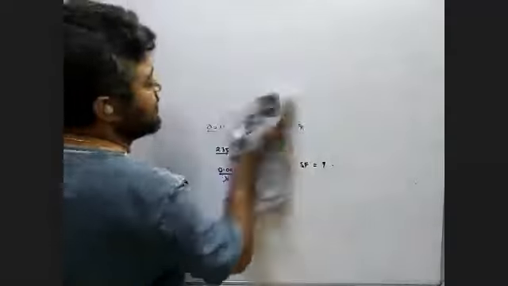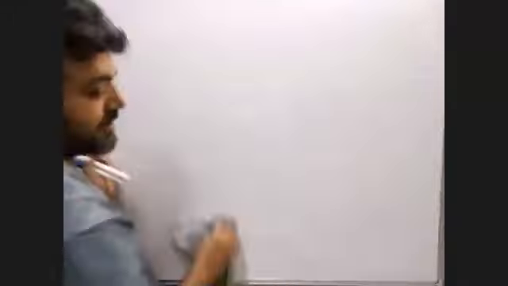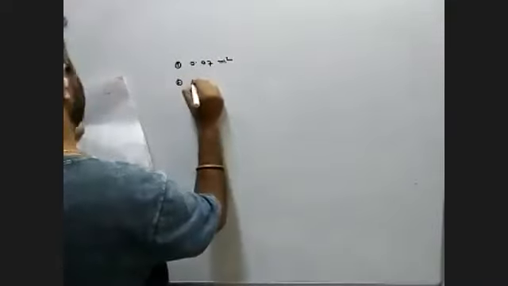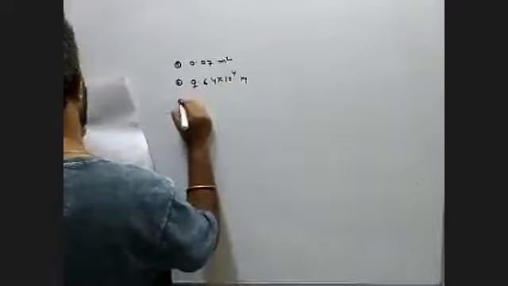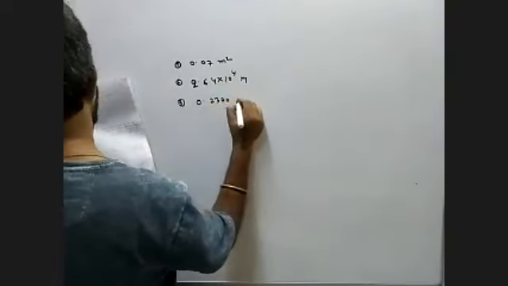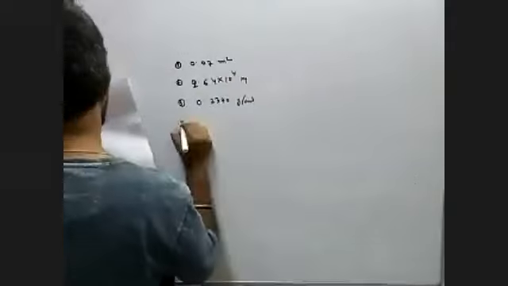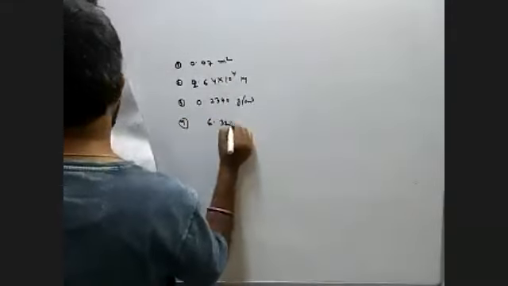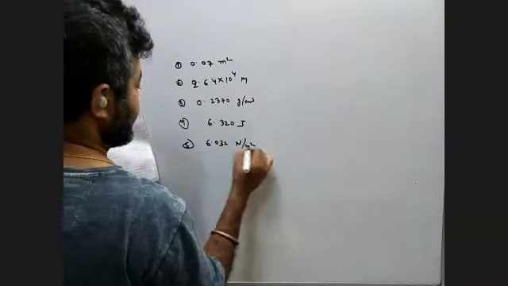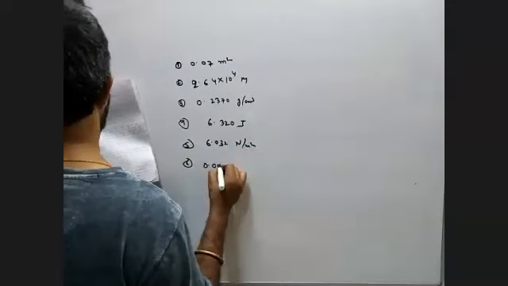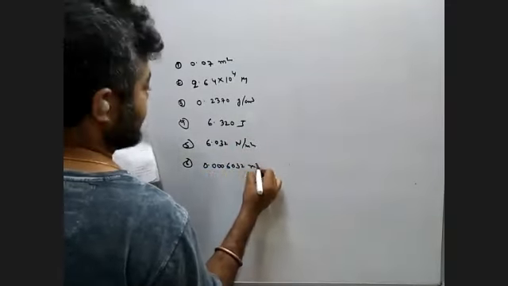So I want to give you one example from your NCERT book. The question is: number 1, 0.07 meter square; number 2, 2.64 into 10 to the power 4 kg; number 3, 0.2370 gram per centimeter cube; 6.320 joule; number 5, 6.032 Newton per meter square; number 6, 0.0006032 meter square.